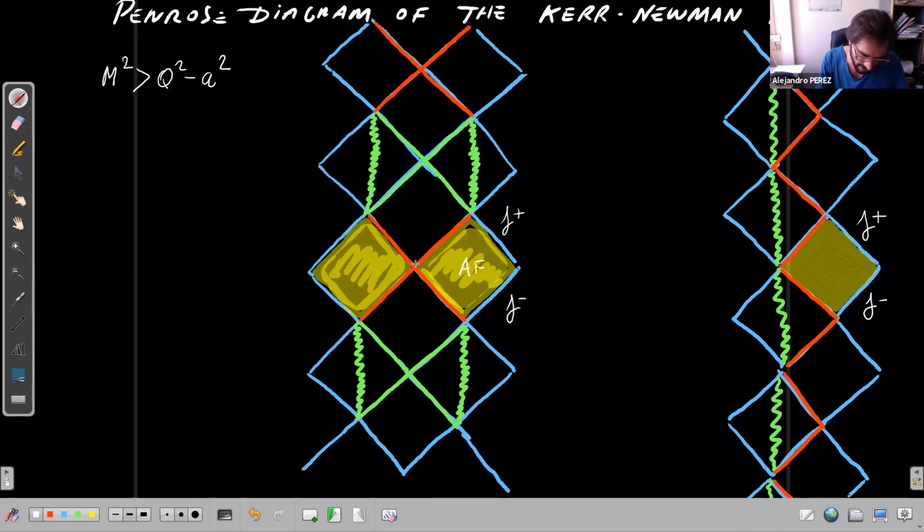This is delta equal to 0, one of the roots. This corresponds to the black hole horizon, r equal to r plus, the red lines here. The green lines correspond to r equal to r minus. And the singularity is expressed here, and the singularity happens to be a ring singularity.